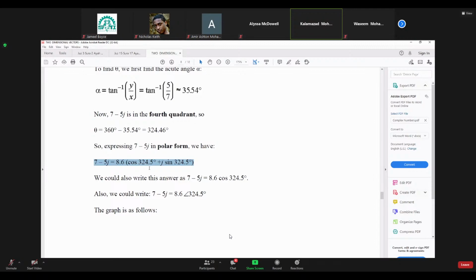Calculator. All right, so it's 8.6 multiplied by 324.5, cosine.